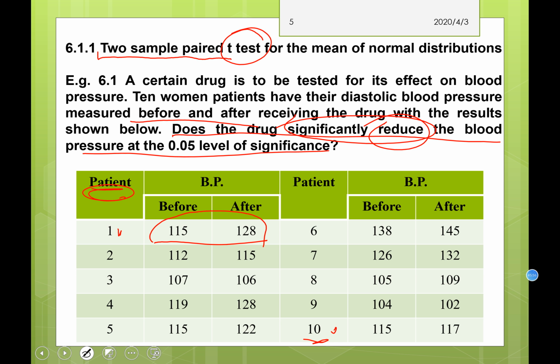Is that right? If the drug is not useful, that means the drug cannot change the blood pressure. So before and after they must be the same. So the difference should be 0, right?